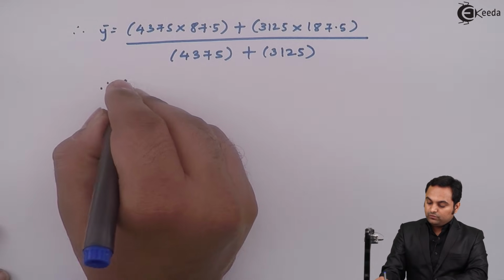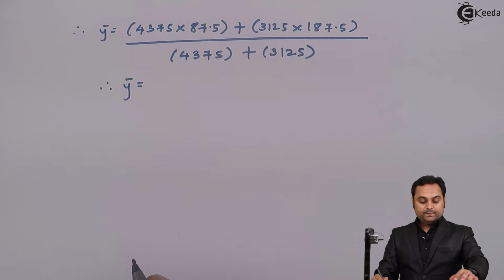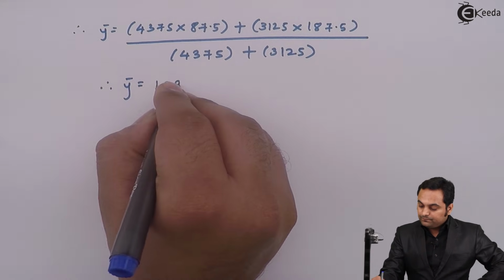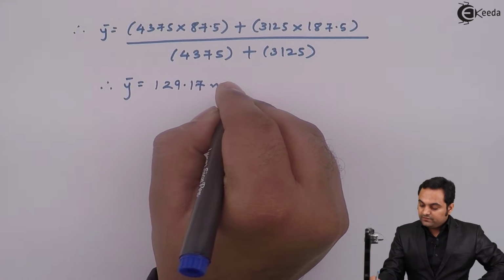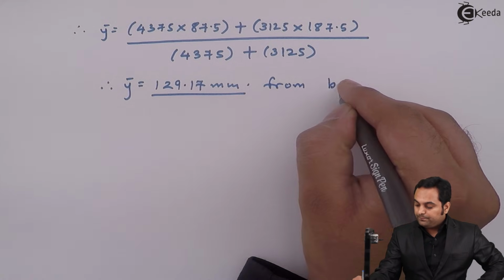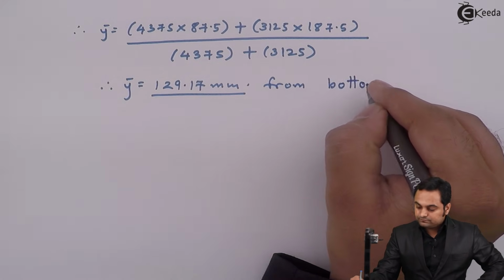So y bar value comes out to be 129.17 mm. This is from the bottom.